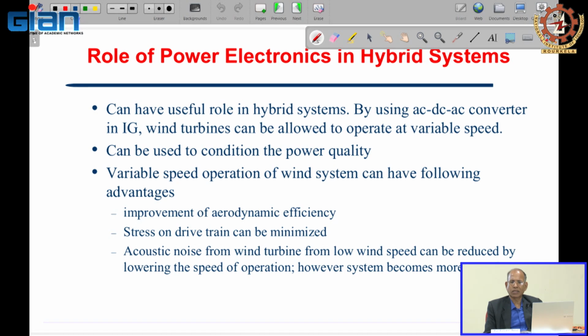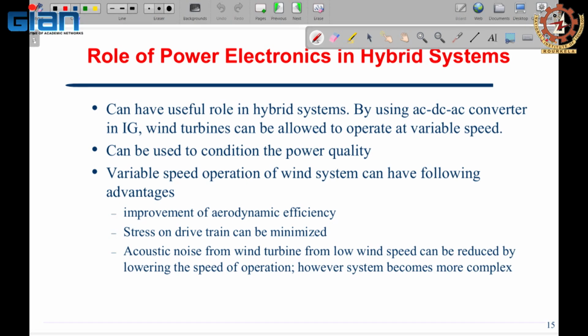The wind turbines can be allowed to operate at variable speed. So, the operation becomes variable speed operation, and these power electronics converters can be used for improving the quality of power supply. They can reduce the harmonics and then they can improve the power quality.